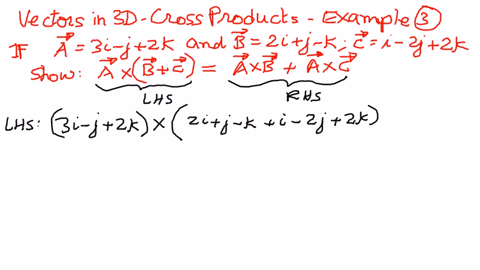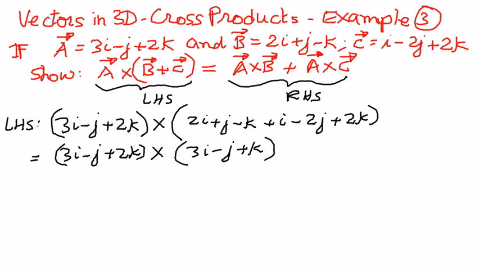So when we simplify this, this is going to be 3i minus j plus 2k, and we want to cross that with 2i plus 1i is 3i, j minus 2j is minus j, minus k plus 2k is plus k. So we've simplified that. We've combined similar looking terms.